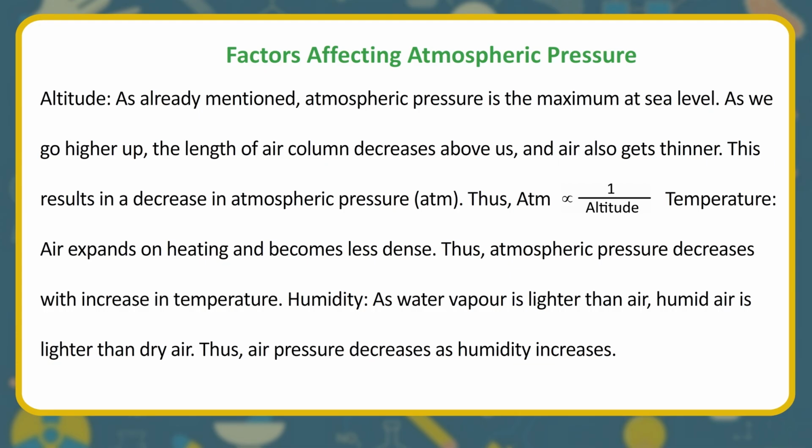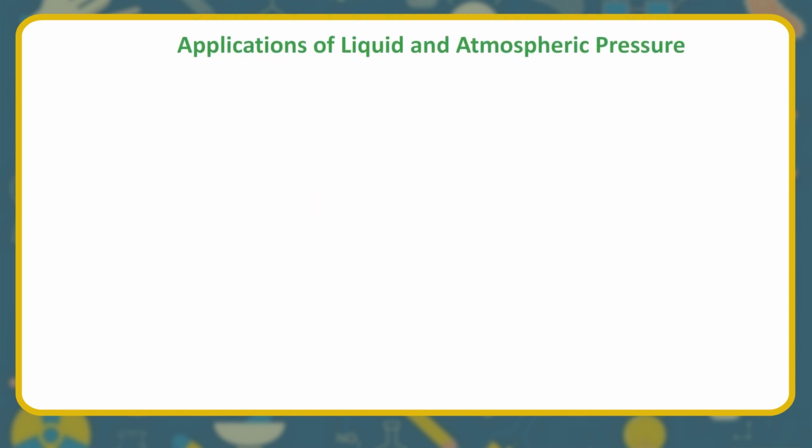Air expands on heating and becomes less dense. Thus, atmospheric pressure decreases with increase in temperature. Humidity. As water vapor is lighter than air, humid air is lighter than dry air. Thus, air pressure decreases as humidity increases.